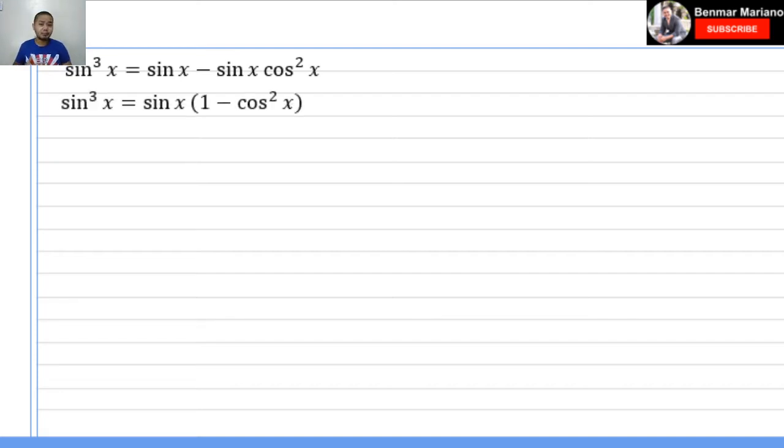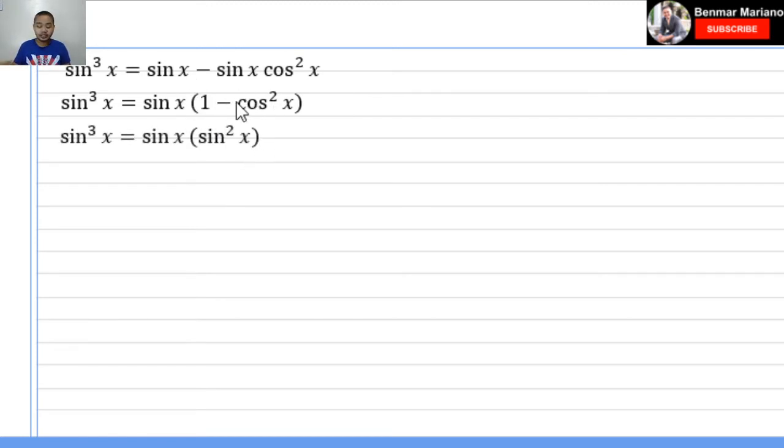So it's very important that we know factoring, we know how to add fractions, okay? We know how to multiply special products, so on and so forth, okay? Next is that when we apply the Pythagorean identities, this will now be equal to sine squared x.